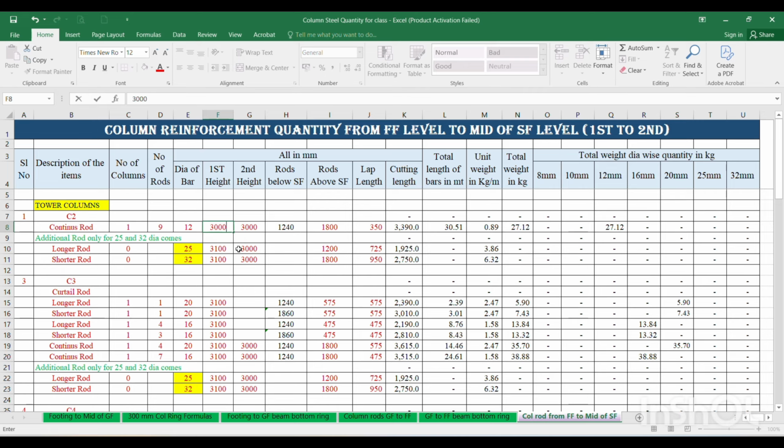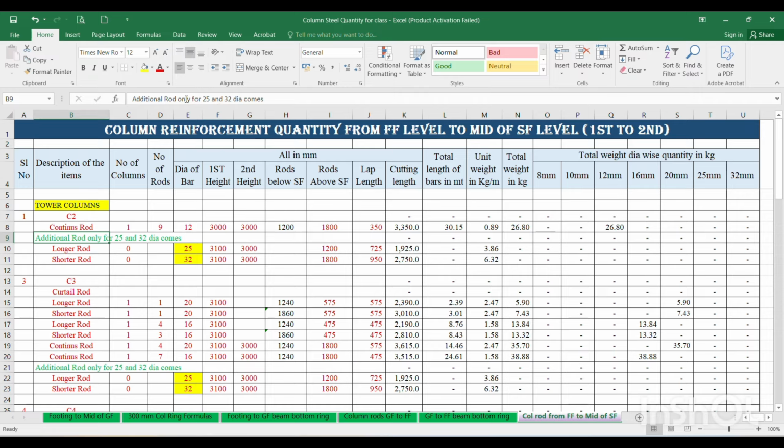You have to write the first floor height and second floor height as 3 meter, and rods below second floor is 0.4 times of first floor height, and rods above second floor is 0.6 times of second floor height, and 1 LD for the below rod lapping, and cutting length is the sum of these 3, and total length, unit weight, total weight as it is in the formula.